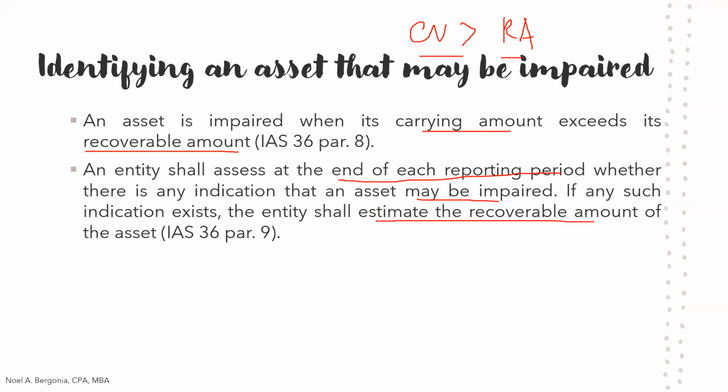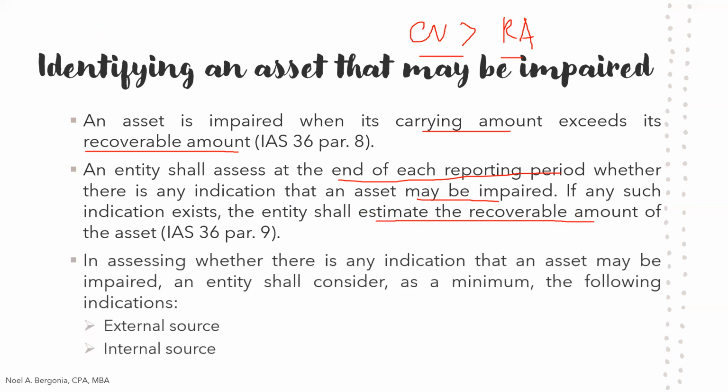In our assessment of the indications for the asset to be impaired, we have various sources, such as external sources and internal sources, which will give us an idea that the asset is being impaired. Let's talk about them one by one. What are the external sources and the internal sources of an asset being impaired?